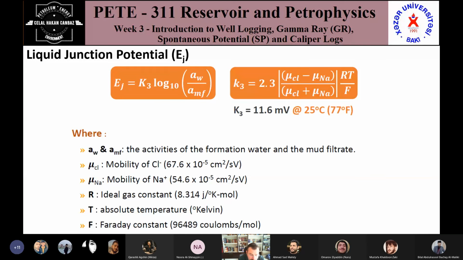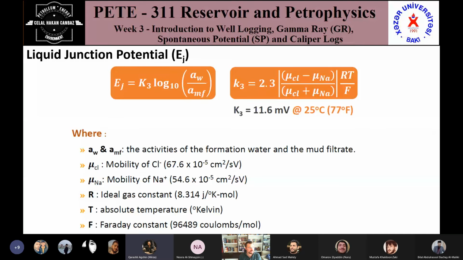You heard previously? No? Okay, mobility is the ratio of permeability and viscosity. Permeability divided by viscosity gives you the mobility.